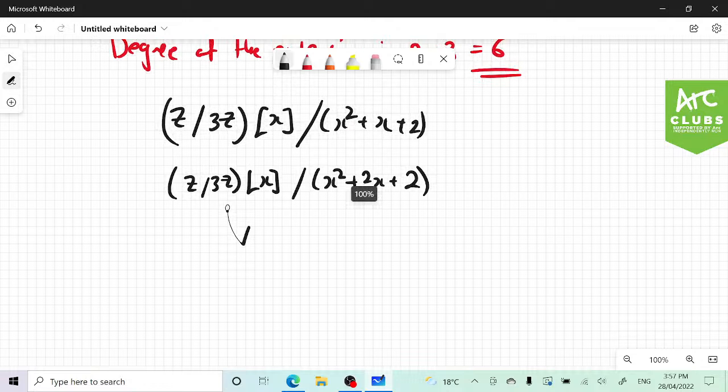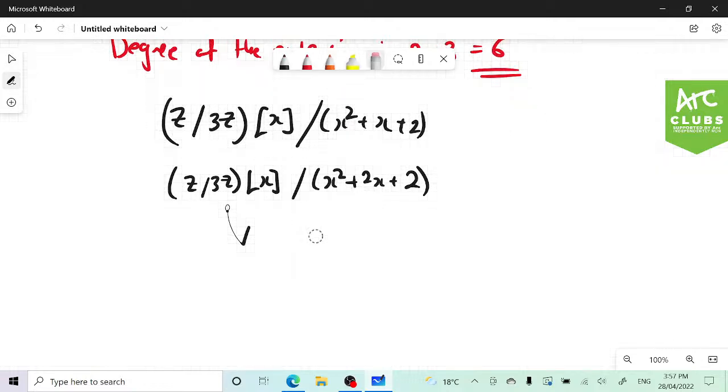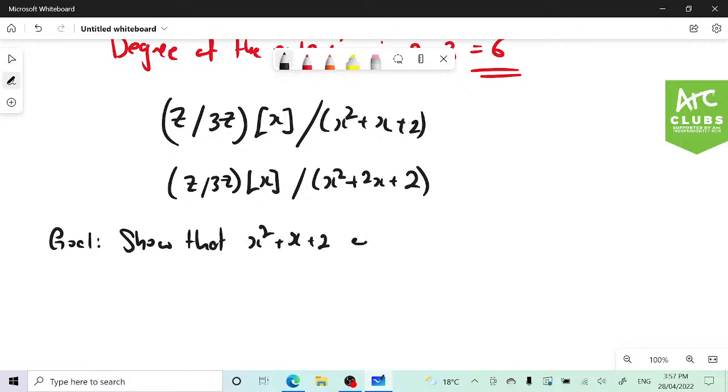The first thing we notice is that the way we're going to prove this is by showing that these two polynomials are irreducible over this field. So the goal here is to show that x squared plus x plus 2 and x squared plus 2x plus 2 are irreducible.